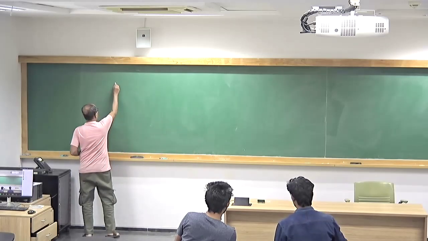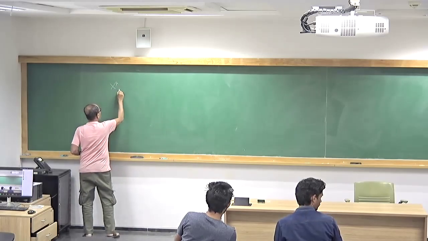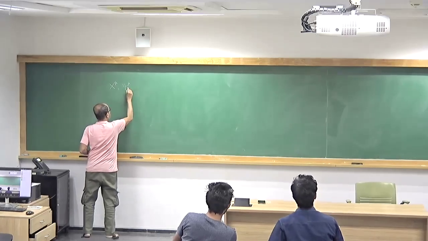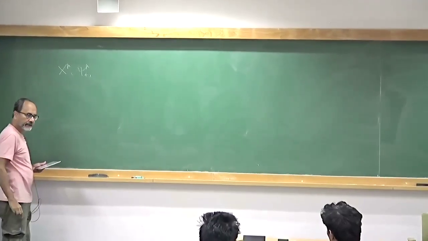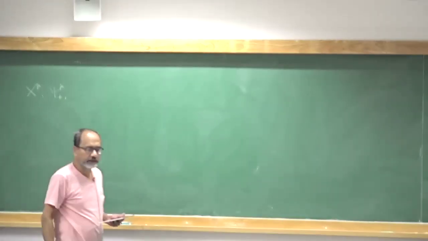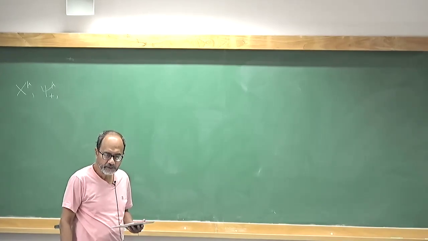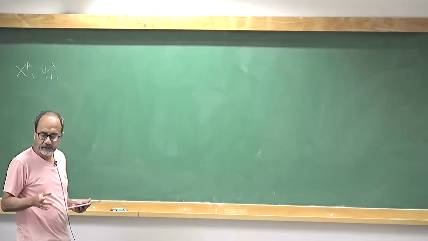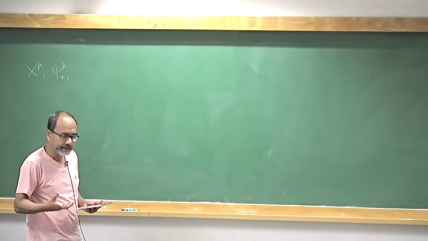The field configuration was X^mu, then psi^mu_+, which carry positive chirality. And then we had 32 left moving fermions. We are now going to divide this into two sets of 16 each.